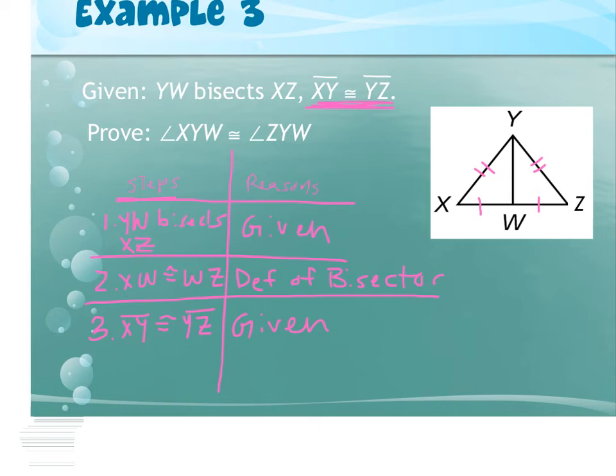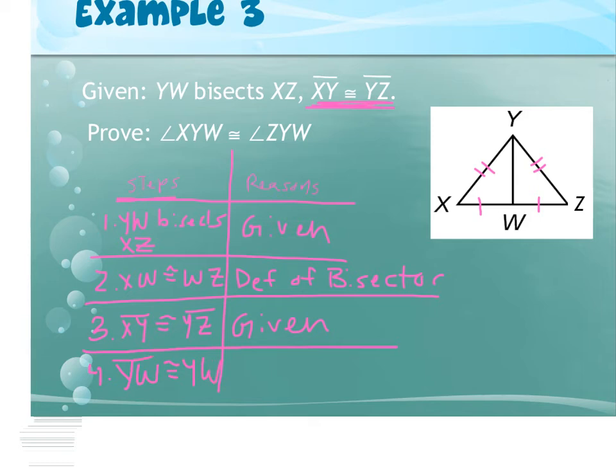So we have 2 pairs of sides that are congruent. Do we know anything else looking at this triangle? We need that third side. How do we find that third side, Allie? Because they share the line, YW is congruent to segment YW.